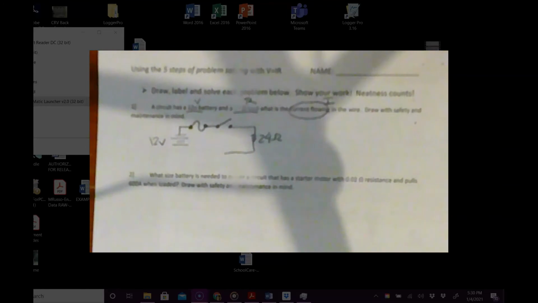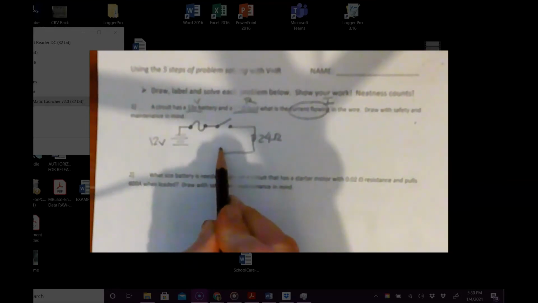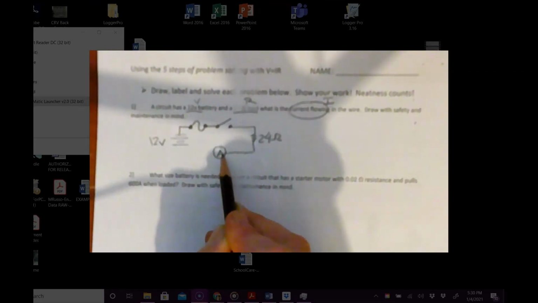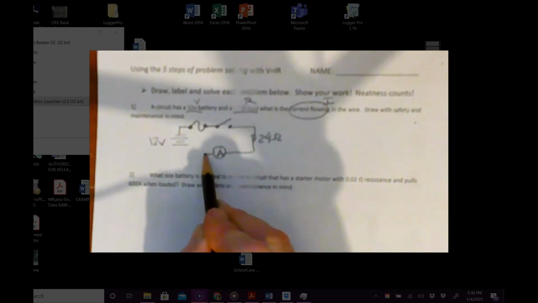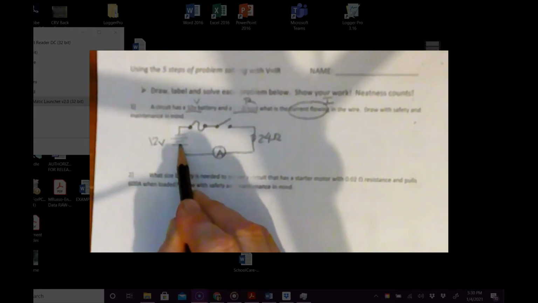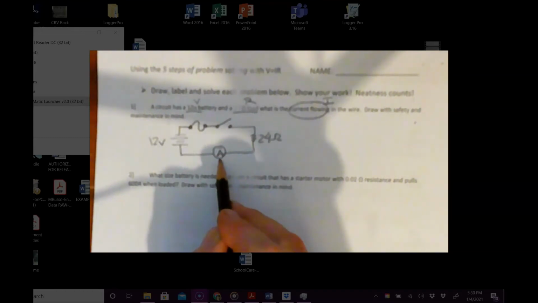So one of the things to know is I read a current with an ammeter, right? And an ammeter is put in series to the circuit. So I don't have to do that, but it tells you to do it for other problems later on. So that's what solving for Ohm's law, V equals IR, gives you, is that ammeter reading.